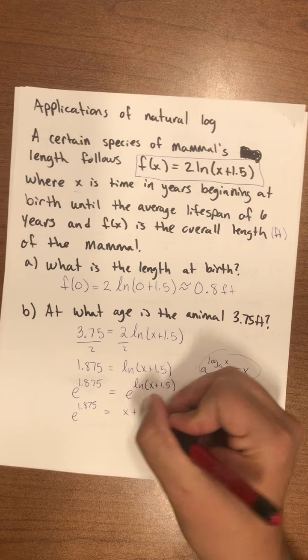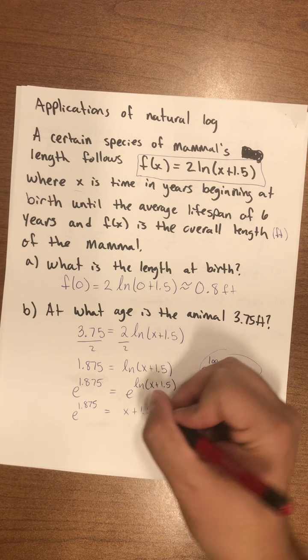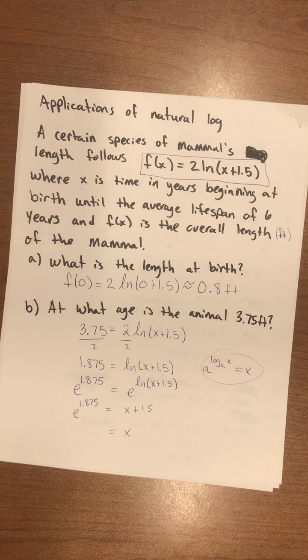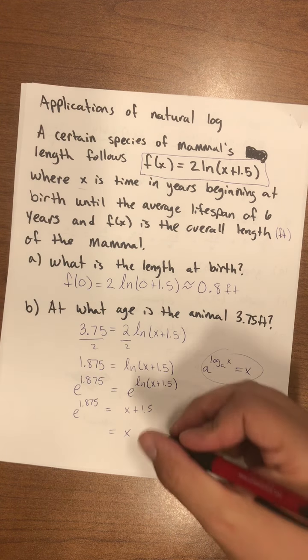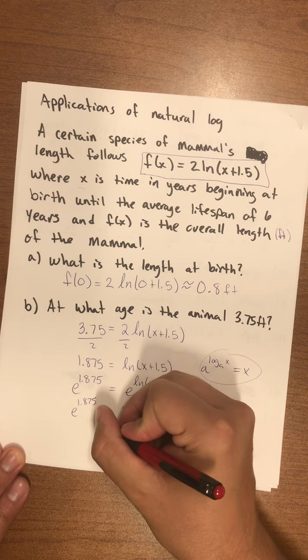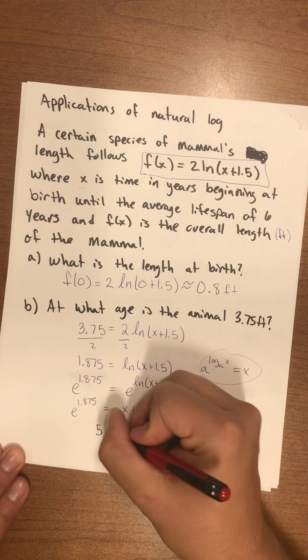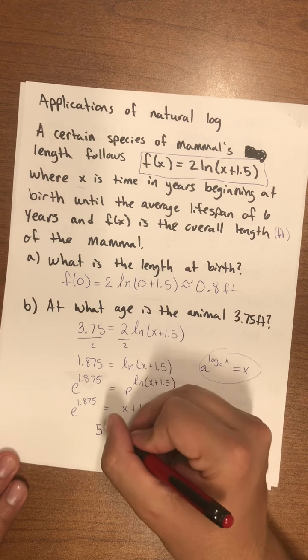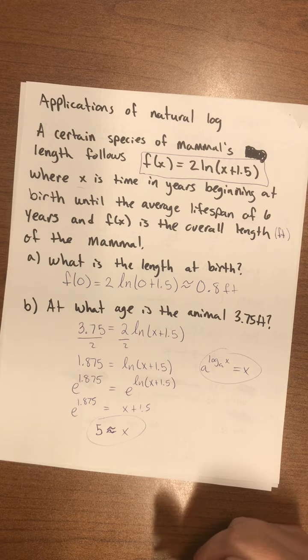So x plus 1.5, and then we subtract 1.5. So if we subtract 1.5 from both sides, e to the 1.875 minus 1.5 is approximately 5.